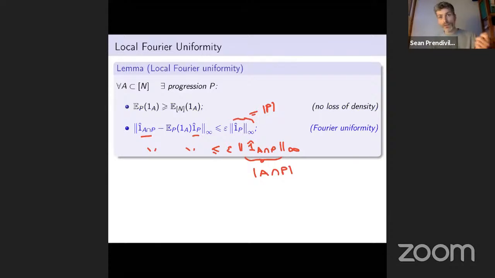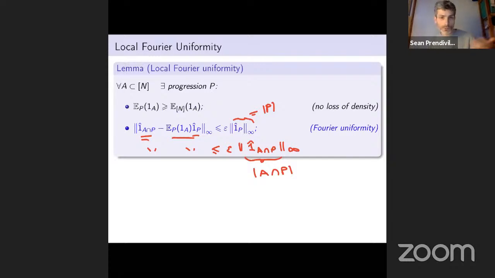But one thing you should note is that if I'm sparse on my progression, then actually this weaker notion of Fourier uniformity has no content, because all sparse sets satisfy this inequality. Simply because for a sparse set, both this quantity and this quantity are little o of the length of the progression.